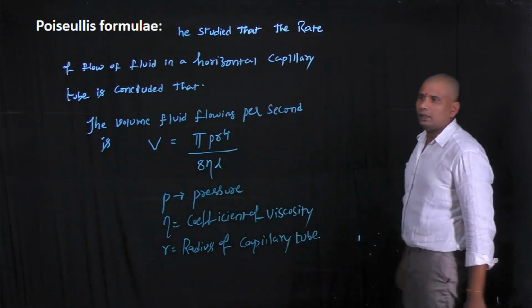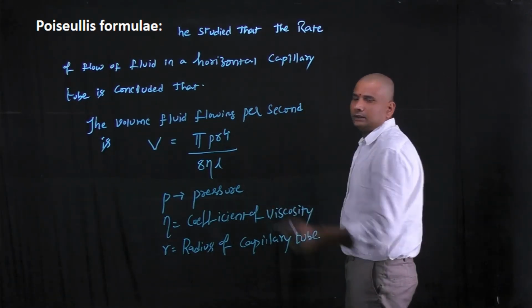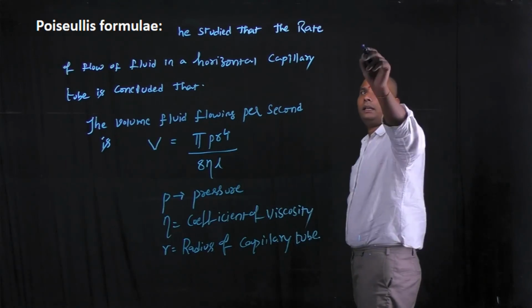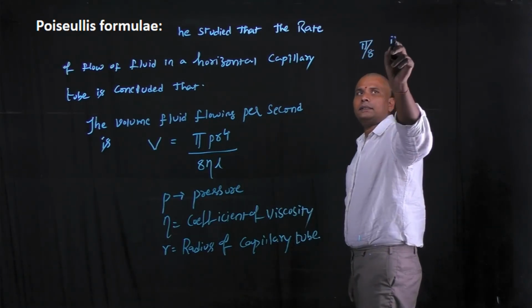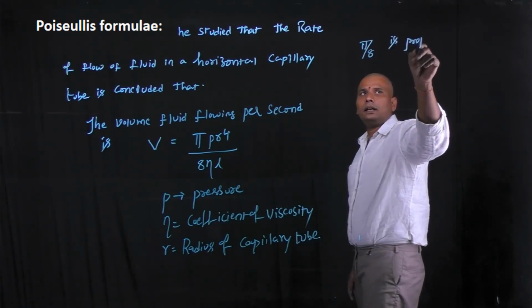Okay, and pi by 8 is a proportionality constant.